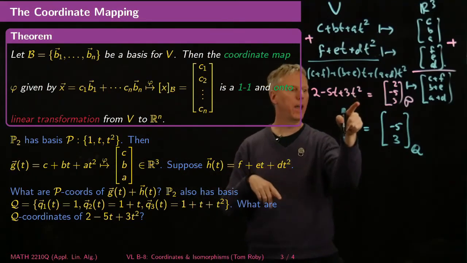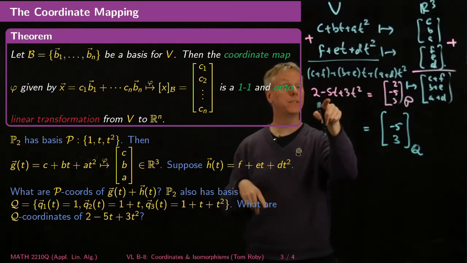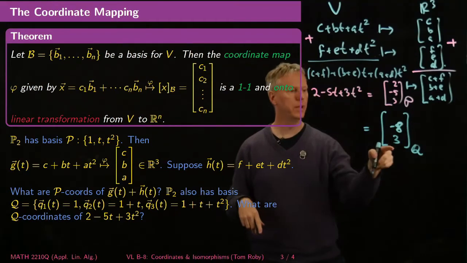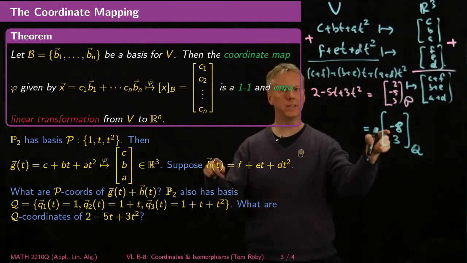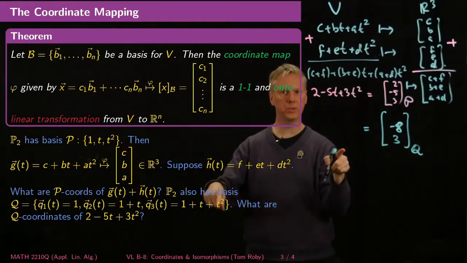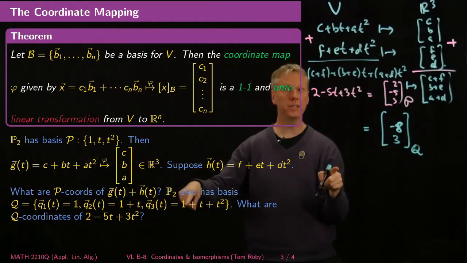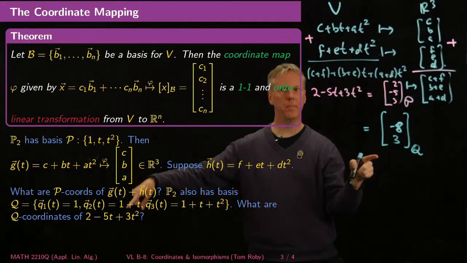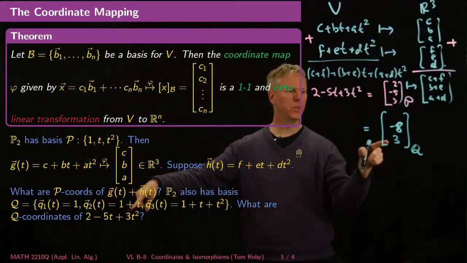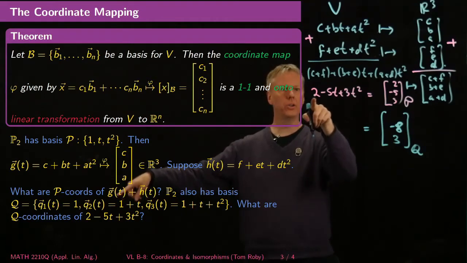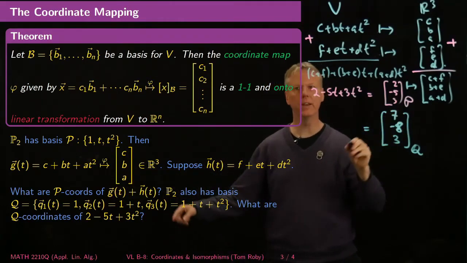So let's see. I have 3 here, and I need to get minus 5. So that means this needs to be minus 8. There we go. I need minus 8 because then I'll have 3t squared plus 3t, but now here I'll have a minus 8t. And now my constant term will be 3 minus 8. So 3 minus 8 is minus 5 total, but I need to get 2, so I need a plus 7 coefficient on that.